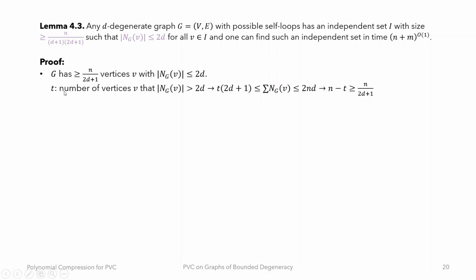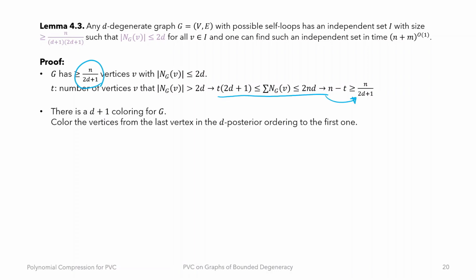Let's say T is the number of vertices with degree more than 2D, then T multiplied by 2D plus 1 is at most the sum of all degrees of the graph, and it's at most 2ND, since a D-degenerate graph has at most ND edges. So we solve this and we get this. So G has at least this many vertices with degree at most 2D.